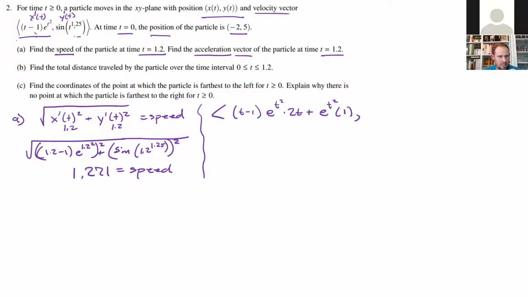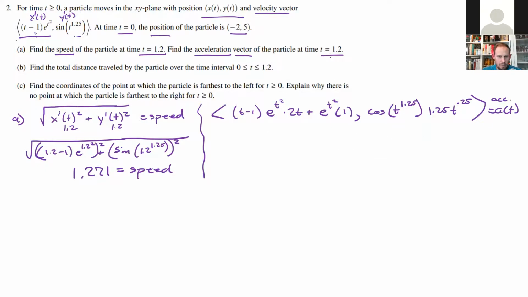And then we need the derivative of the second guy. So the derivative of sine is cosine. We'll leave the inside the same, t to the 1.25. Then times derivative of the inside, which is 1.25 t to the 1 less exponent. So that's 0.25. And that is our acceleration. Might want to just write that that's acceleration and not just a of t.